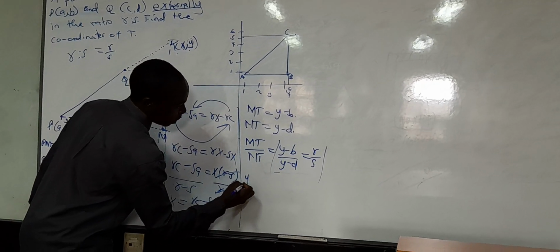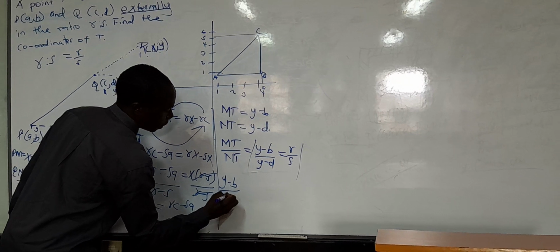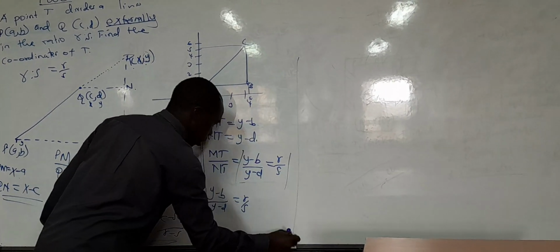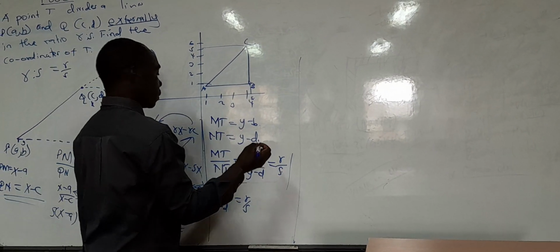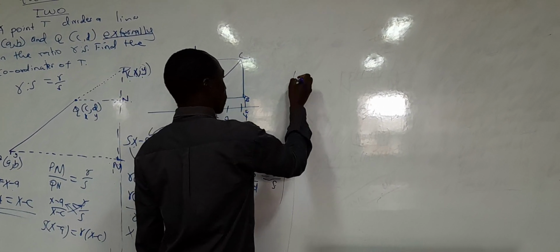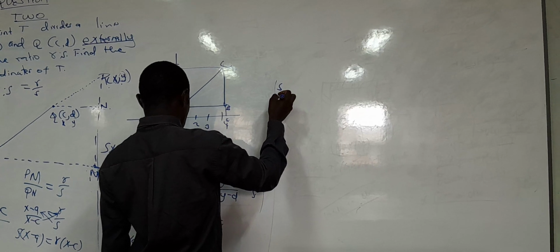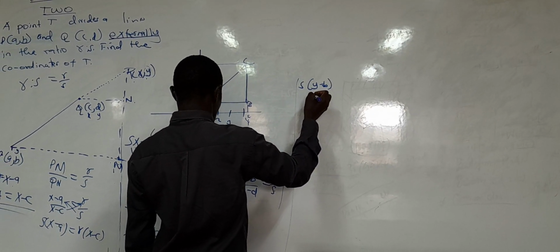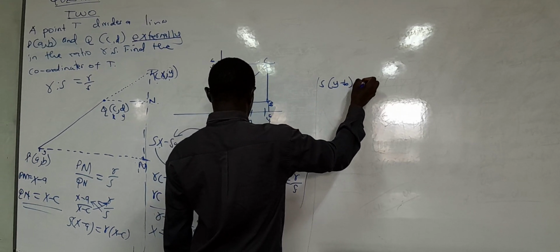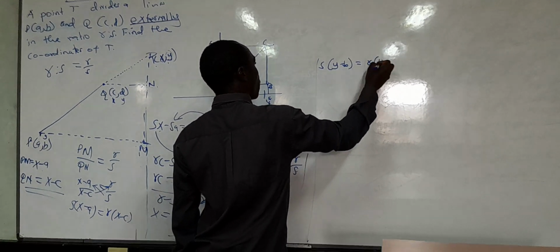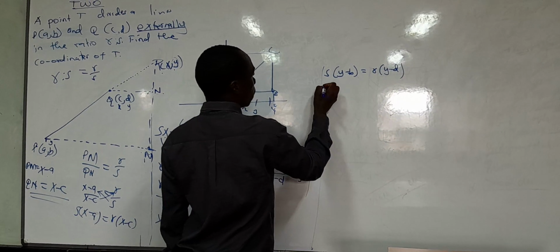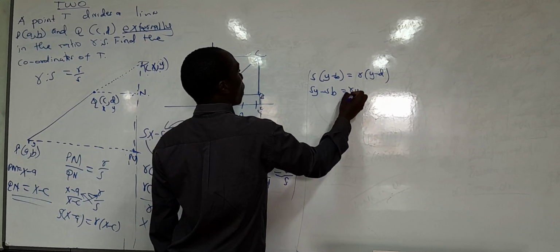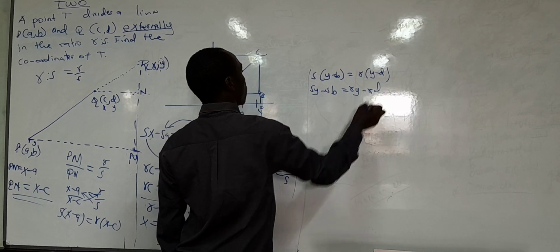So you can have (y − b) over (y − b) equals to r over s, and then you cross multiply and you have s into (y − b) be equal to r into (y − b). So we're going to have sy − sb is equals to ry − rb.